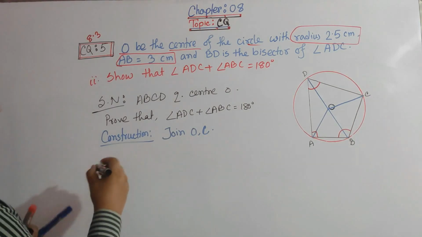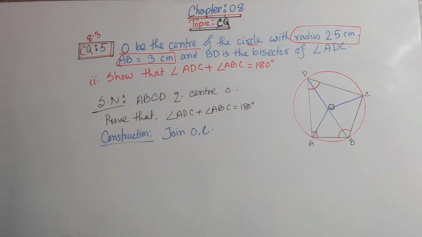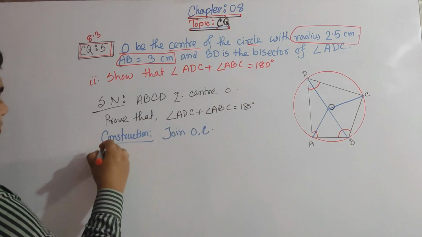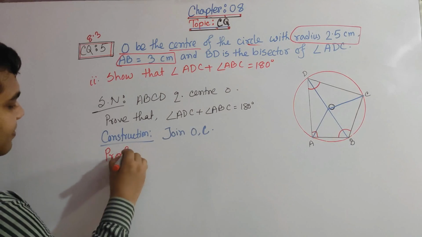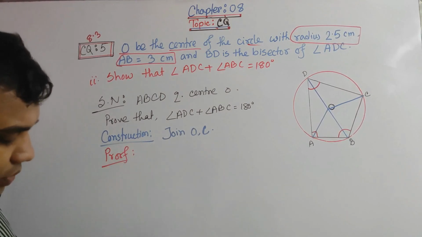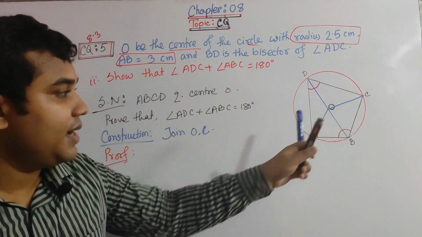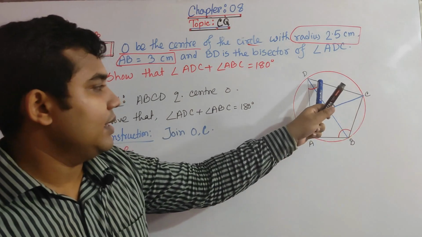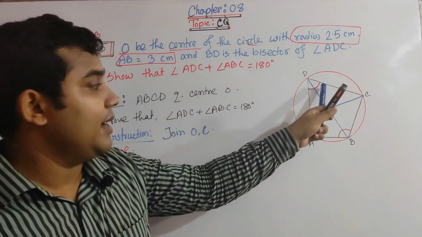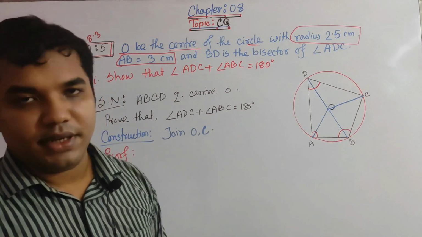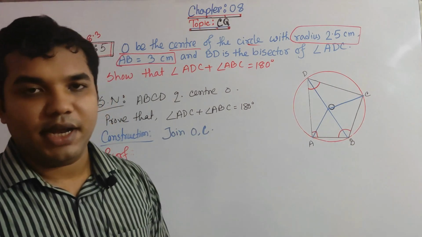Now our proof part. The proof part is very interesting, because we know a formula that the central angle is always twice the inscribed angle, or the inscribed angle is half of the central angle. We'll use that statement.